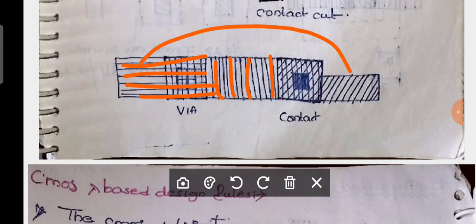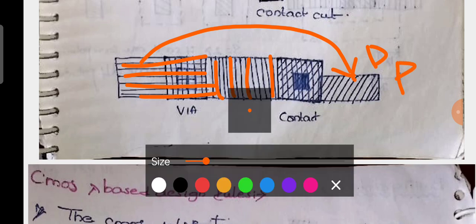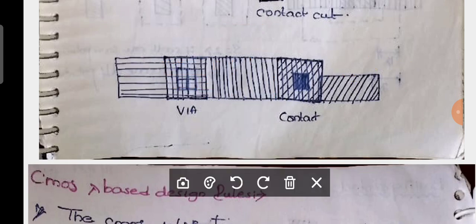Metal 2 is going to be connected with either diffusion or polysilicon. Then you have two contacts here. You can observe these two contacts.